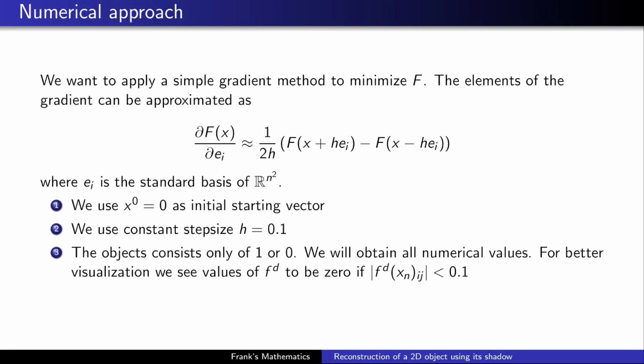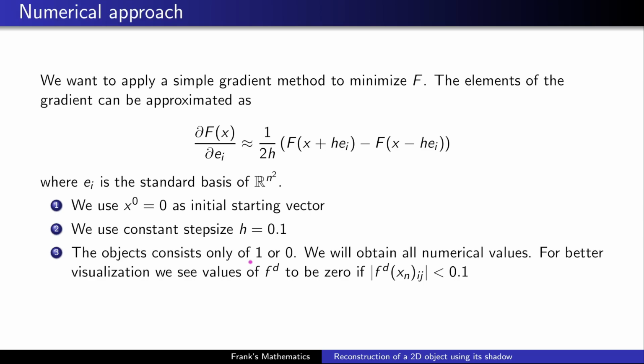Since we do not have any better ideas, we start with 0 as the initial starting vector, and we use a constant step size. You can see in these two points there's a lot of space for improvement. However, let's talk about number 3. In the beginning, we stated that our object consists only of ones and zeros. However, if we apply this gradient descent, we will obtain all numerical values, and this makes things harder to visualize.